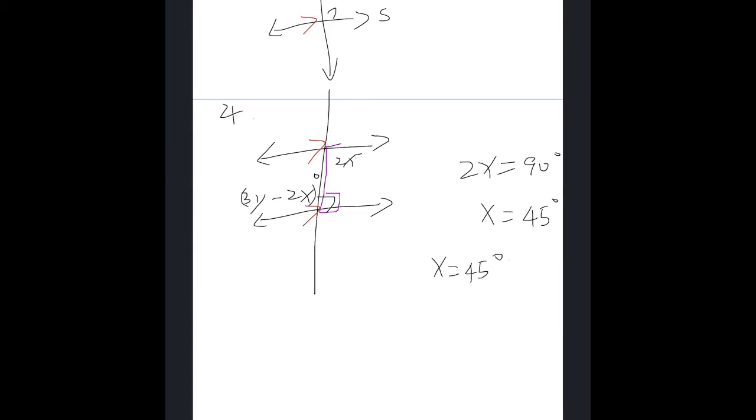If we know x is equal to 45 degrees, we just take it into the equation, like 2 multiplied by 45. What is the answer?